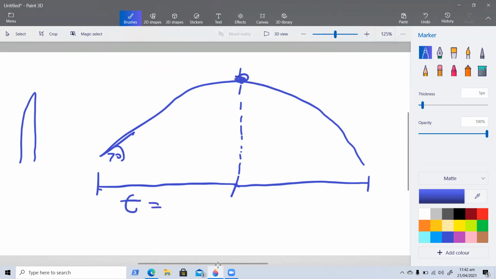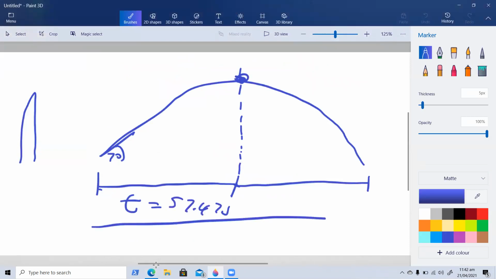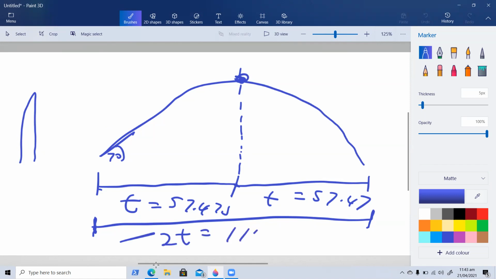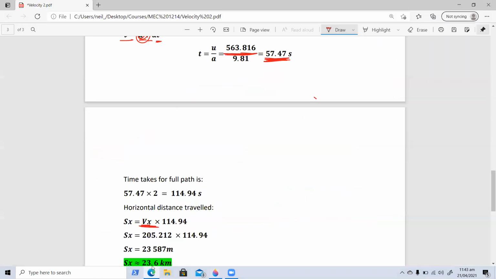So that's T is equal to 57.47 seconds. The time taken to travel this entire distance, and we'll use that time later to find the horizontal distance traveled, is 2 times T, because this half here is also 57.47.